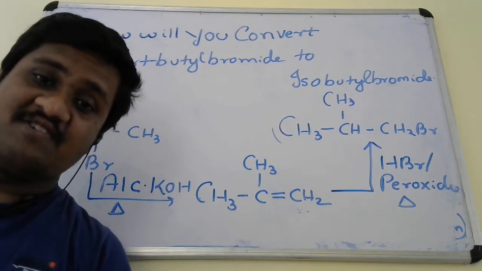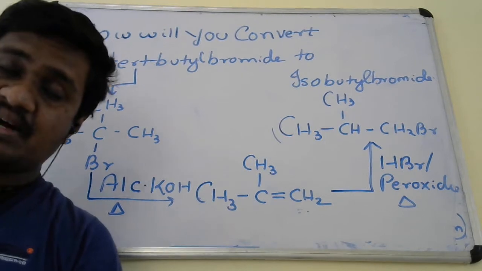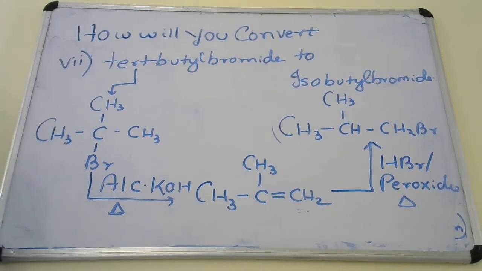So whenever we have to put bromine at the carbon containing the higher number of hydrogens, we use anti-Markovnikov addition, and the double bond is converted into single bond. Hence this is your answer. Whenever we convert a double bond into a single bond, many times I am saying, maintain the tetravalency of carbon, by adjusting the hydrogen.